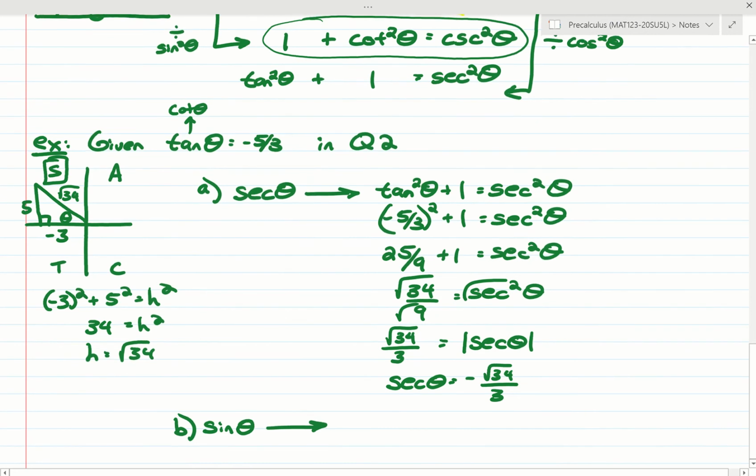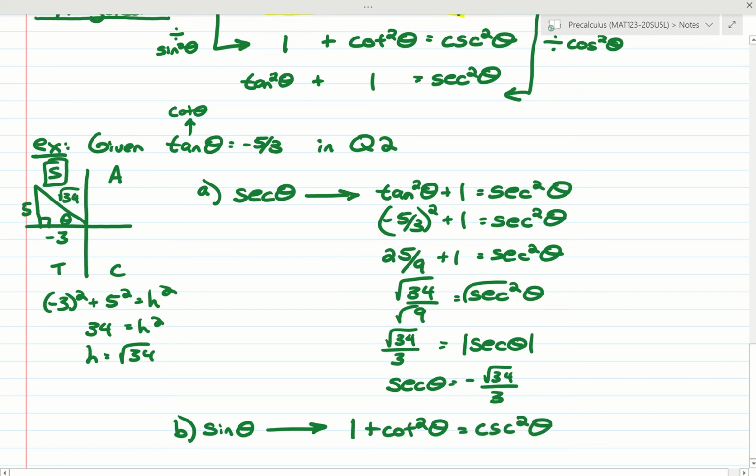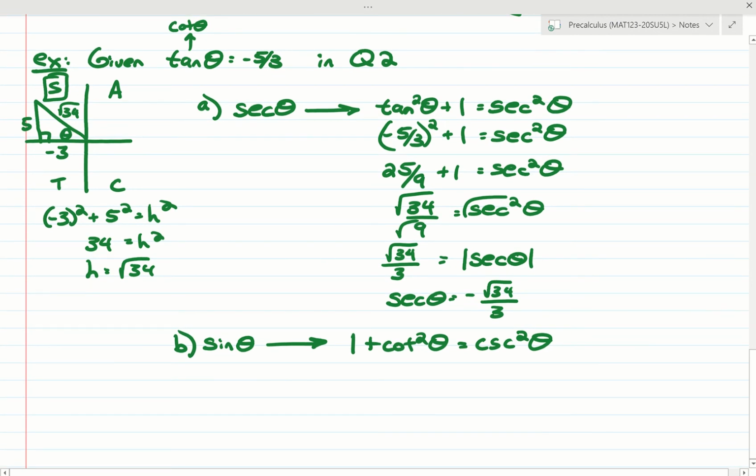That property right there. So we could use 1 plus the cotangent squared of theta is equal to the cosecant squared of theta. Let's plug in. Now if we want to know what sine is, just look at your triangle. It would be 5 over root 34. So the answer would really be 5 root 34 over 34.